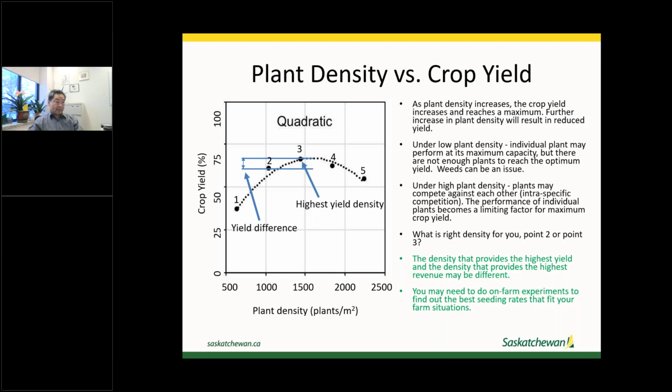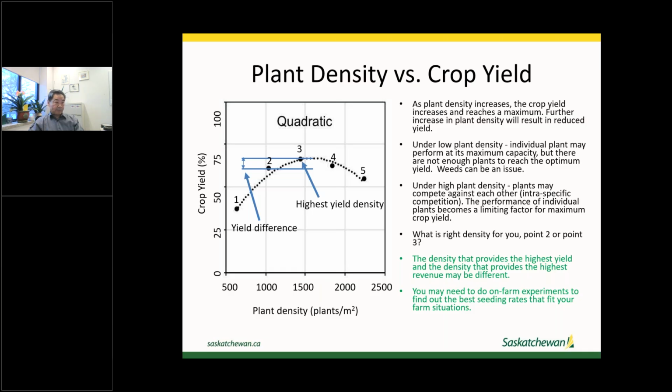But on the other hand, if the crop density is too high, plants may compete against each other, known as intraspecific competition. Under those conditions, the performance of an individual plant becomes the limiting factor for maximum crop yield.